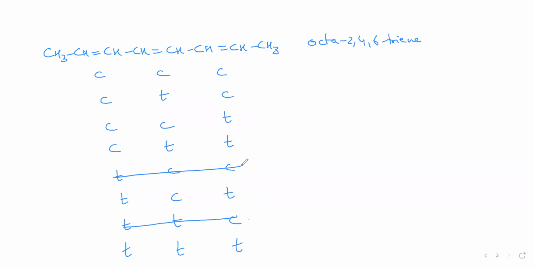Any other things which are the same, which are identical? Any other configurations? No, so now it will have 6, no? These are your 6 configurations. The molecule will now have 6 configurations, not 8.